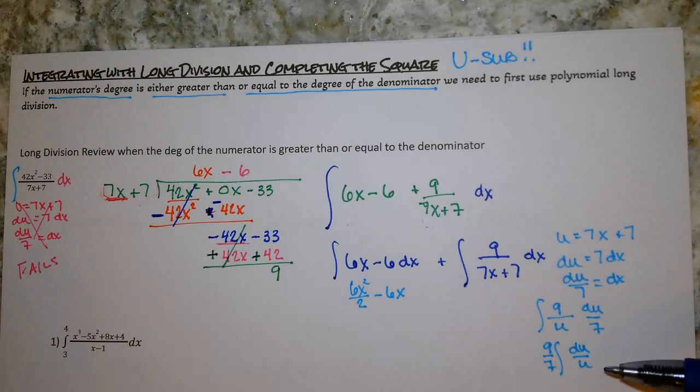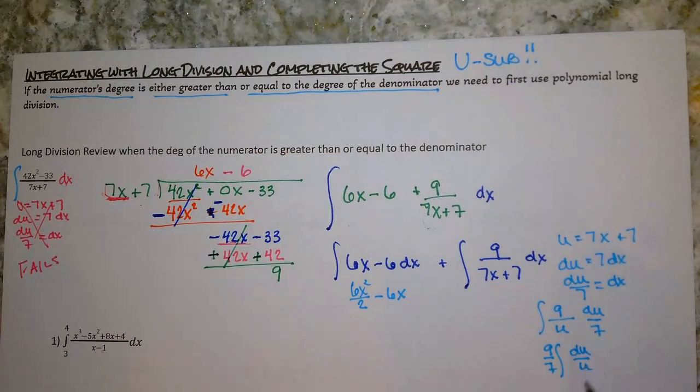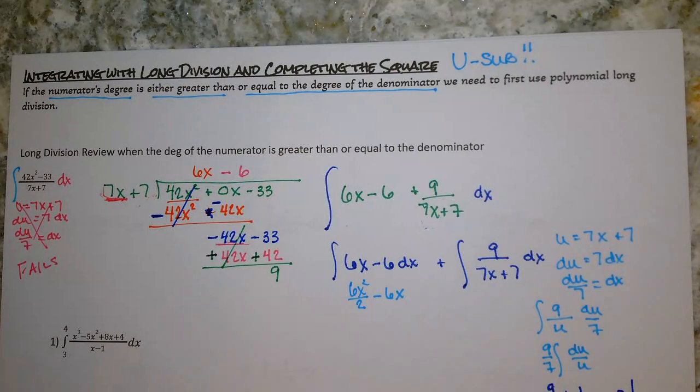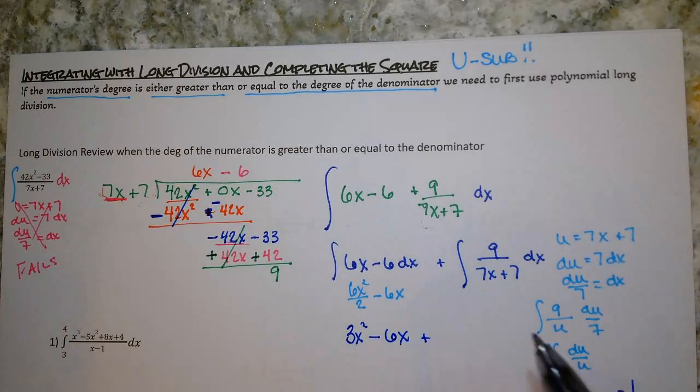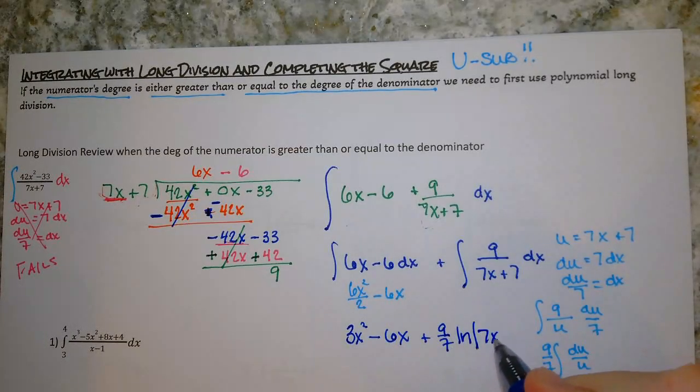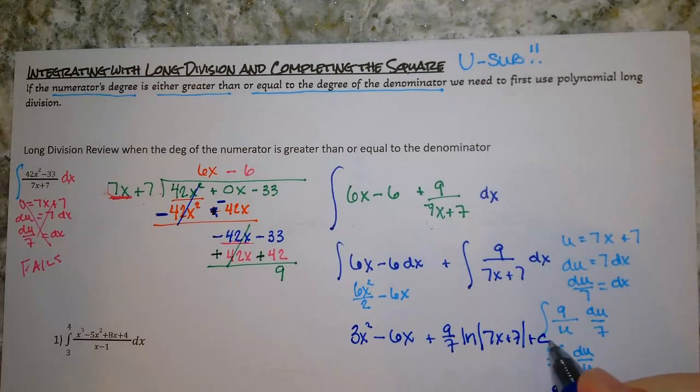When I see du over u, that's the derivative of the natural log of u. So this is 9/7 ln of u, which was 7x plus 7. So my answer is this plus this. My final answer, I'm going to call that 3x squared minus 6x plus 9/7 ln of 7x plus 7 plus c.